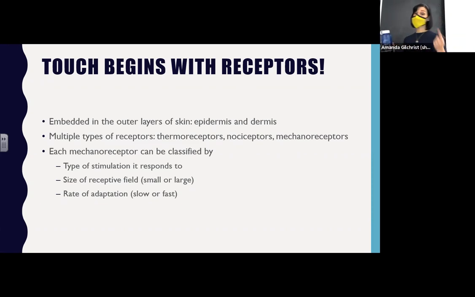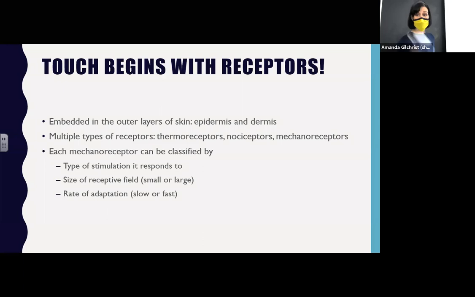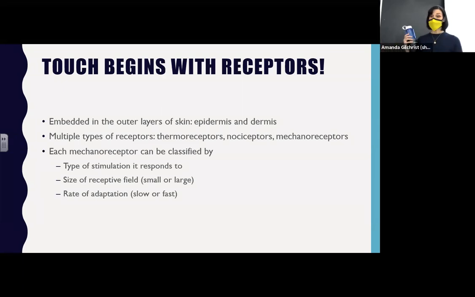On the other hand, a fast rate of adaptation is going to be critical for changes in touch. So for example, as I pick up my cup, fast adapting mechanoreceptors note that change. As I put it down, they notice that change again. So fast adaptation looks for change, slow adaptation looks for constancy.